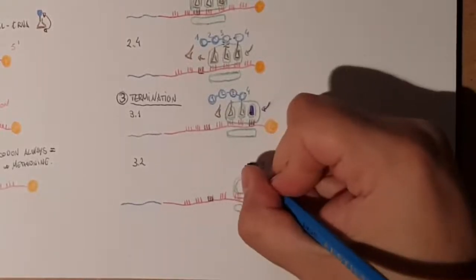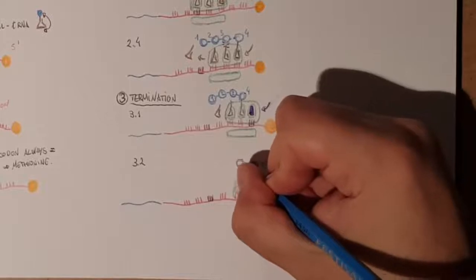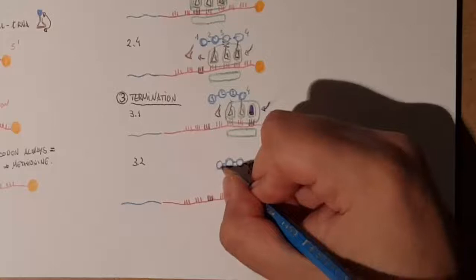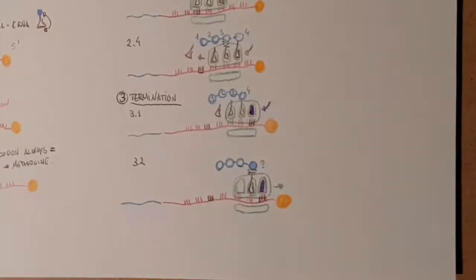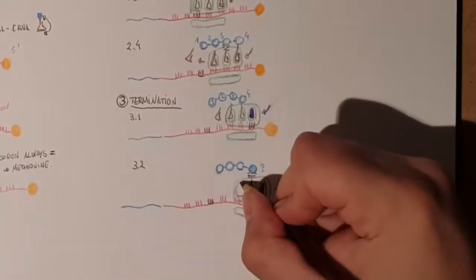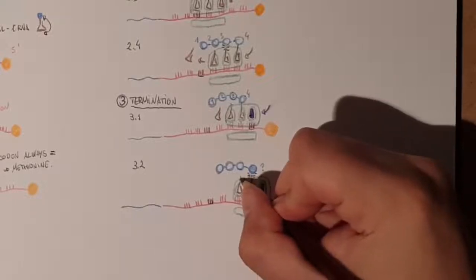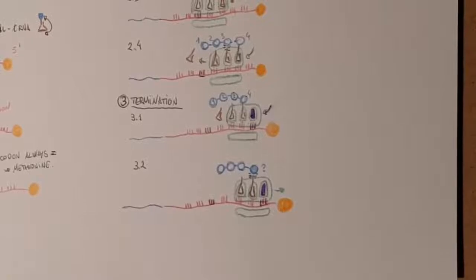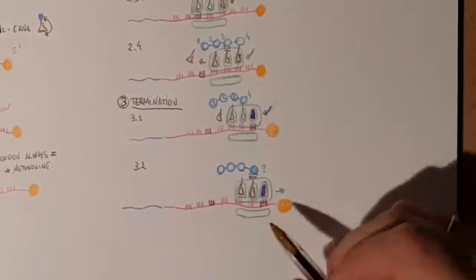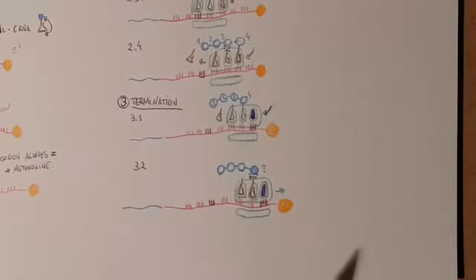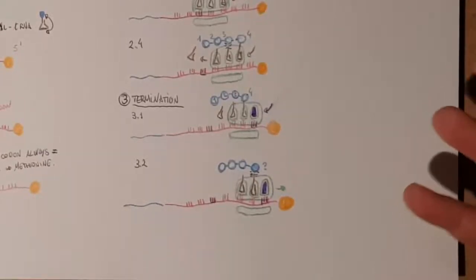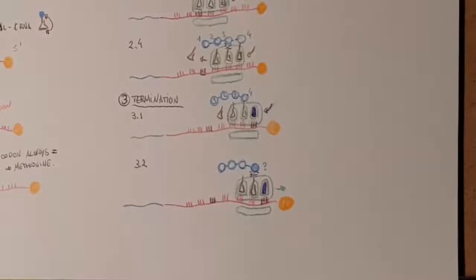So we're going to have a free floating chain of amino acids, and here we have the other one. So the ribosome is not going to be able to move, and the sequence is going to be free.